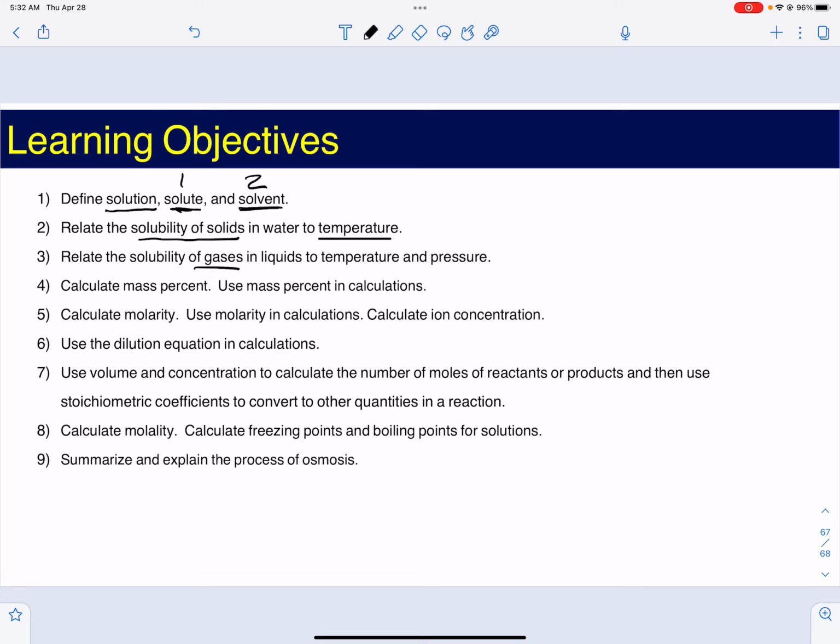And we saw how we can calculate mass percentage, which is the mass of the solute divided by the mass of the solute and the solvent. And we saw that this is just a conversion factor that you can use for calculations. The same with molarity, but molarity is the moles of the solute by the total liters of the solution.